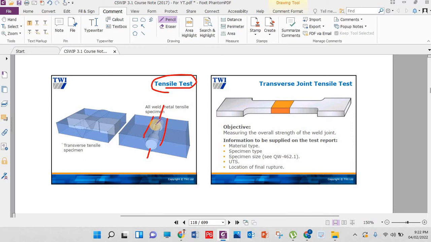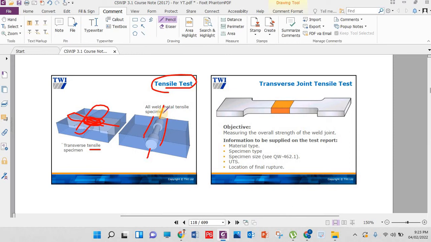But if we extract the piece perpendicular to the welding, this is the piece, here we have the welding. We are extracting the piece perpendicularly to measure only this area, means at 90 degrees we are extracting. This is known as a transverse tensile specimen. This is very important in the paper.